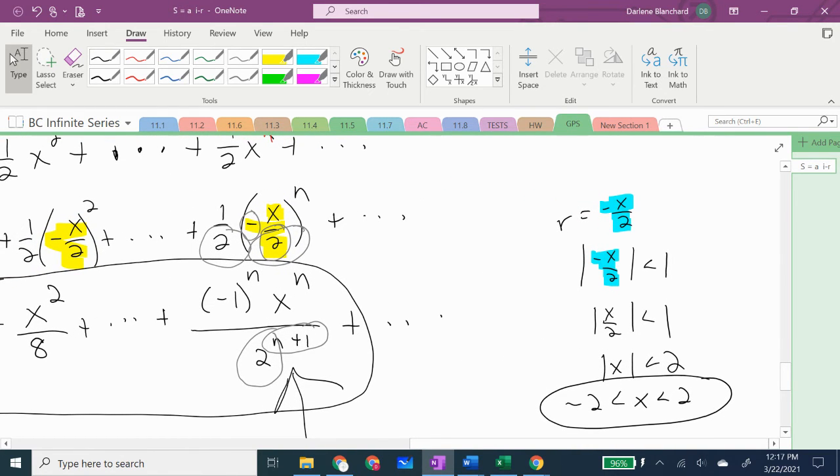Start with the ratio test, check the endpoints individually, you'll still get the correct answer that way. You want to grow and begin to understand the change in the interval of convergence from one step to another step. That will help you to save time, but it's not an absolute necessity.